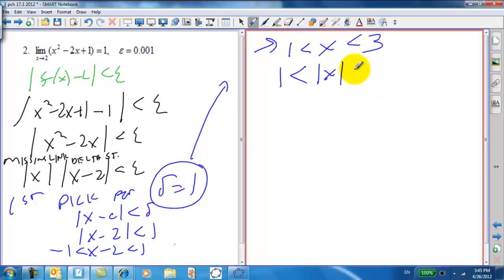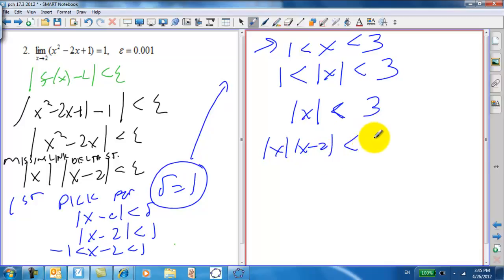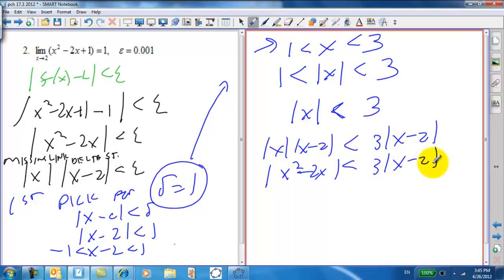Now I tack on the absolute value. I'm going to pick just the right side. In general, that's true. If you do any polynomial of degree 2 or higher, you're always going to pick the right side of this compact inequality. Multiply both sides by the absolute value of x minus 2. And so we have the absolute value of x squared minus 2x, which remember is your f(x) minus L statement, is less than 3 times the absolute value of x minus 2.